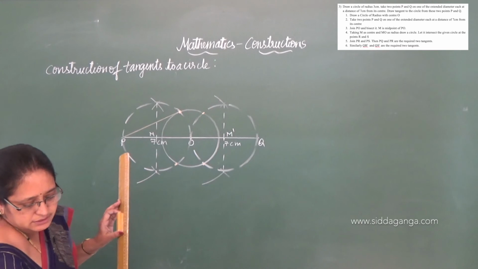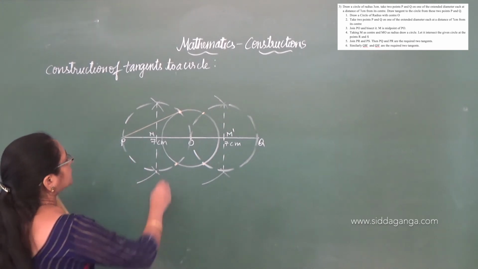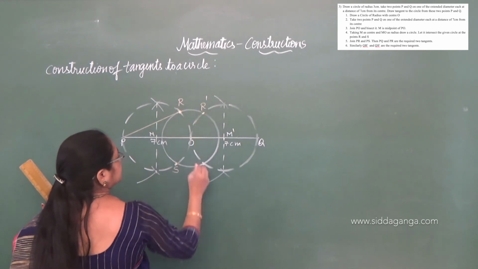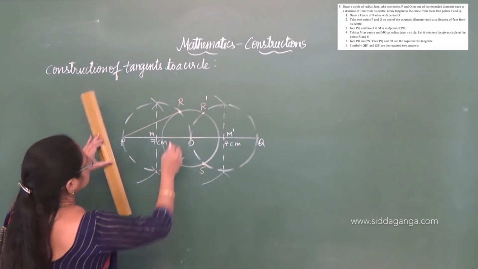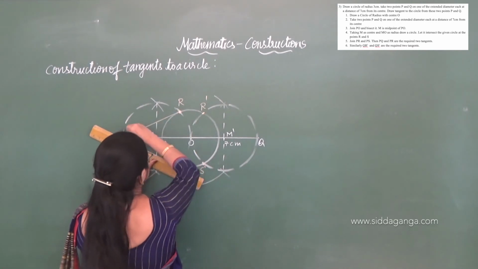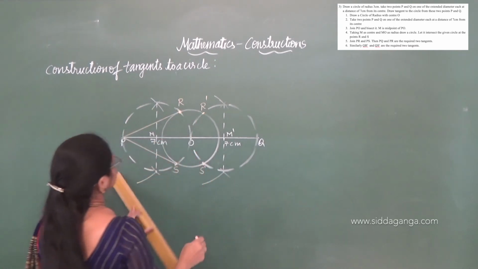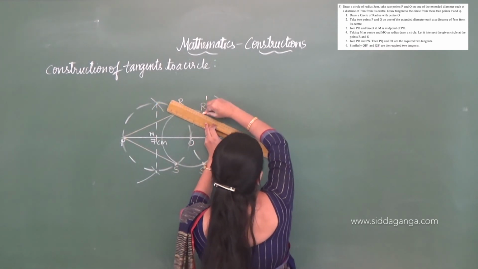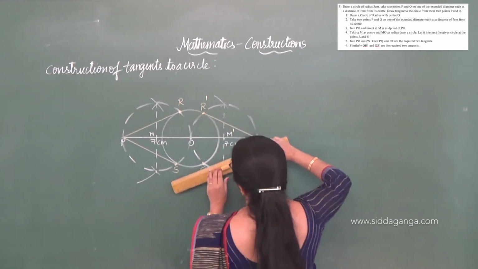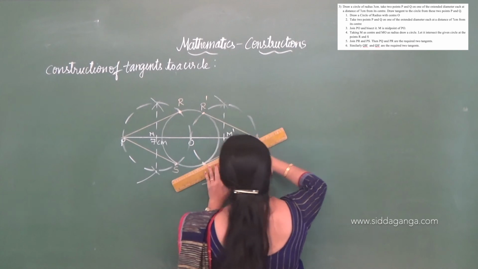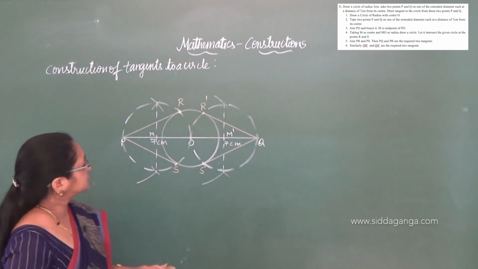I will mark them as R and S, R dash and S dash. I am going to join PR and also PS. Same way QR dash and QS dash. See, these are the tangents.